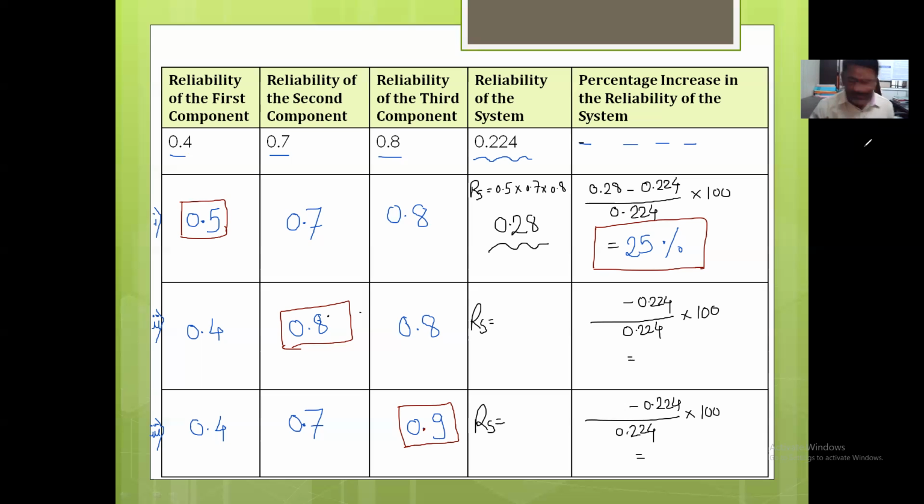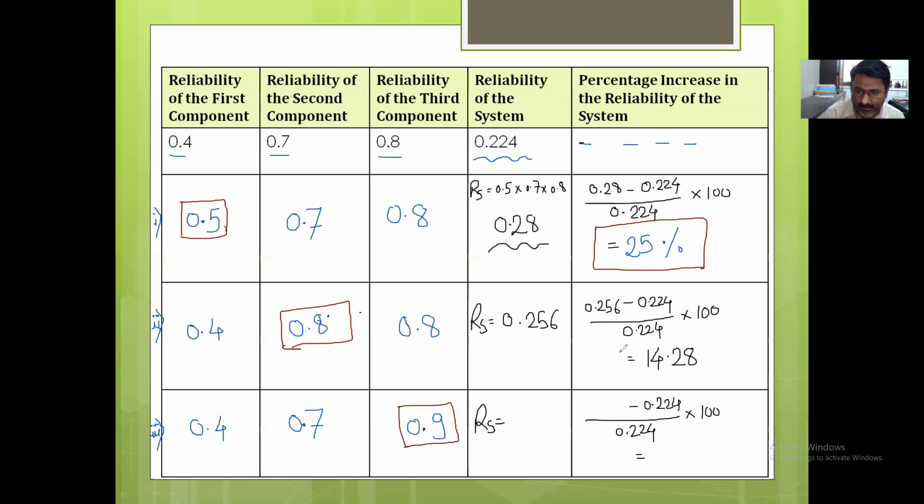So for the second case, 0.256, multiplication of this with 0.4. So the second case I will mention here on this screen only. I will directly write the value 0.256, and then I will take 0.256 minus 0.224. So the answer you are getting as percentage is 14.28. Okay, very nice.